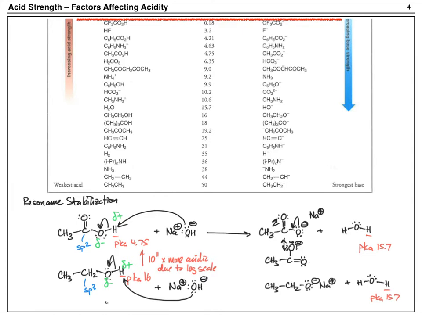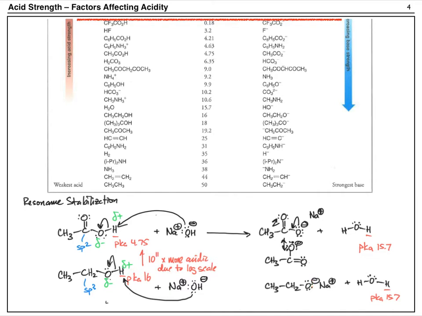Now, this negative charge only resides on this single oxygen. Remember, this is an sp3 hybridized carbon. The electron pairs cannot be delocalized anywhere else in this molecule. They're stuck on this single oxygen.